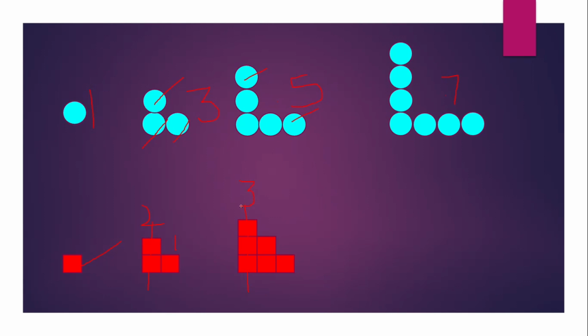So 3 and then 2 and then 1. So what will be the next one? Here you can see 4 squares in a vertical manner and then 3 squares and then 2 and then 1. This is a beautiful growing pattern.